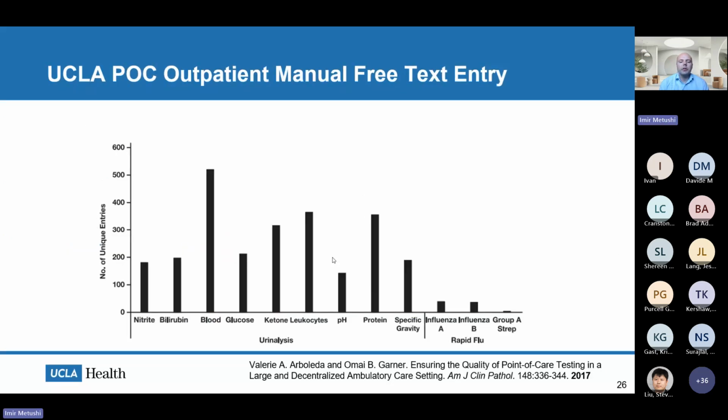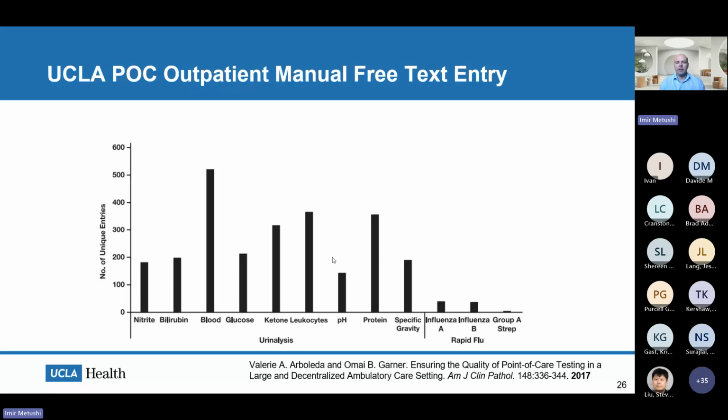The other challenge in point of care was that in a system where free text entry is employed, where they can type the results in any way they want, you end up with a very large number of unique ways of recording those results. Like blood, for example, is positive, negative, or trace.